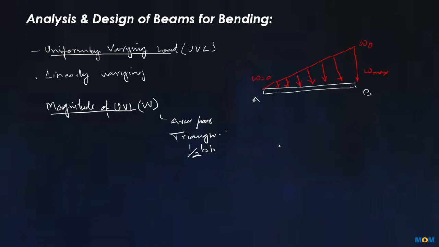Now in this case, let's say the total length is L. So the magnitude of UVL is going to be half of B, the length, into H, the total height, that is omega naught.